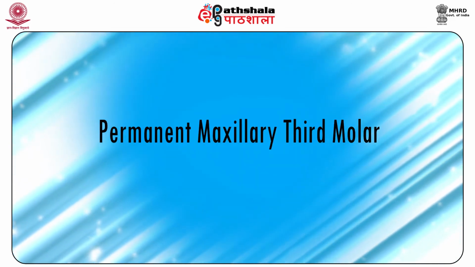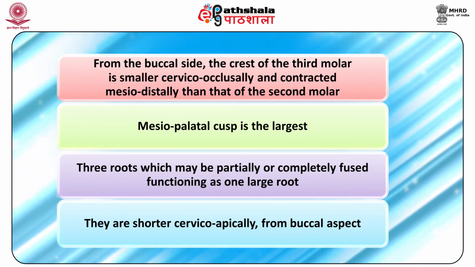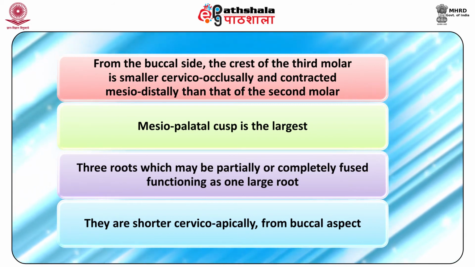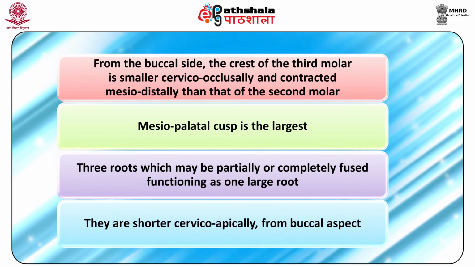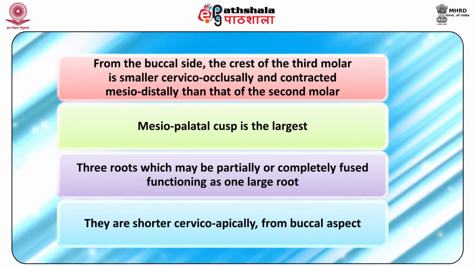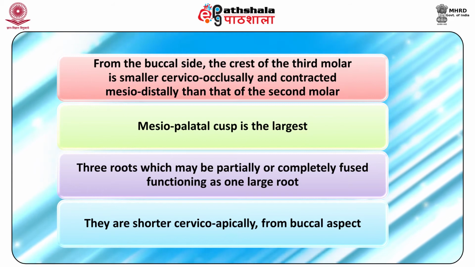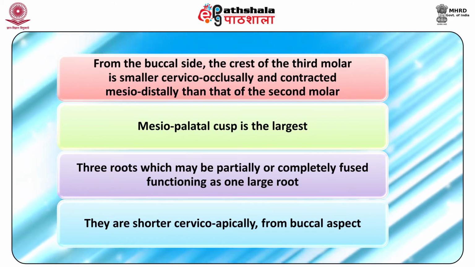Coming on to the permanent maxillary third molar. From the buccal side, the crown of the third molar is smaller cervico-occlusally and contracted mesiodistally than that of the second molar. The mesiopalatal cusp is the largest. There are usually 3 roots which may be partially or completely fused, functioning as one large root. They are shorter cervicoapically from the buccal aspect.